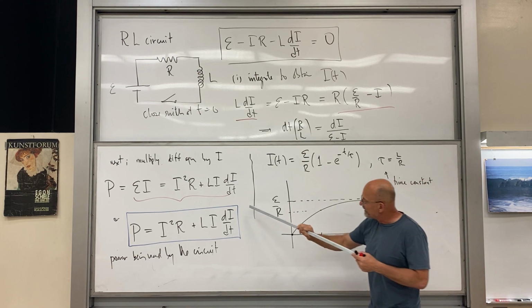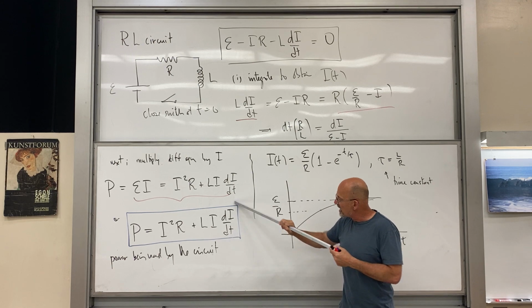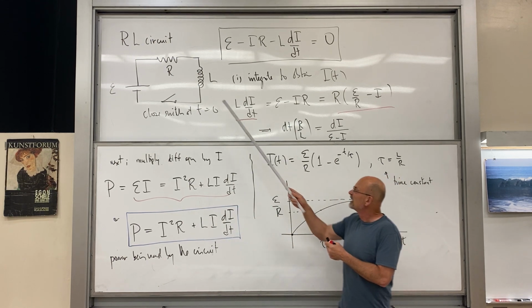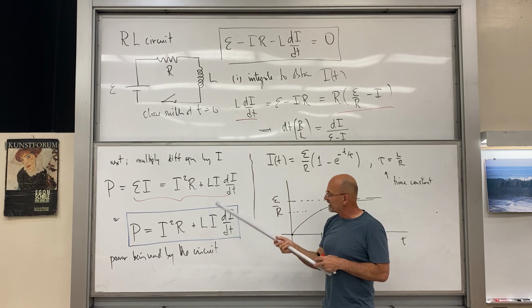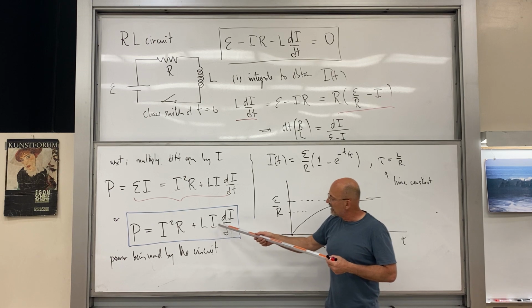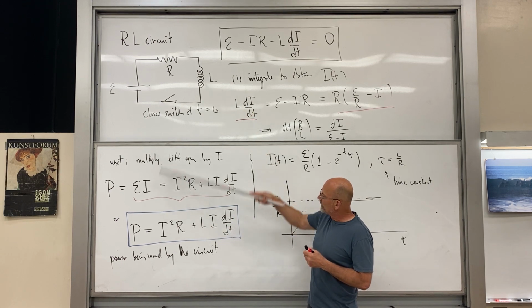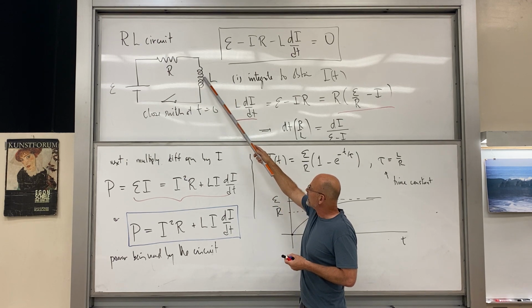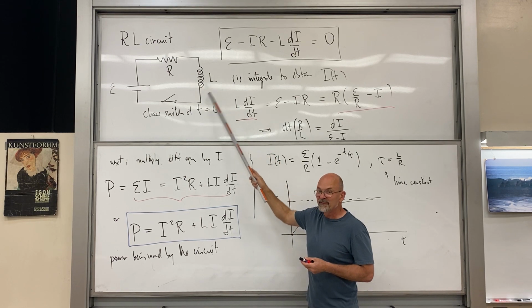So for the time that this was non-zero, apparently the inductor is storing energy. That's an energy, power times time. If you integrate this with respect to time, you're storing energy here. Here you're just burning energy. Here you're actually storing it in the inductor or in the magnetic field.